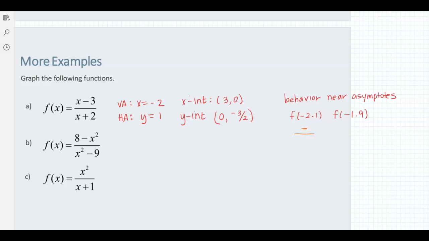And if I plug -2.1 in the denominator, I'm also going to get something that's negative. So overall, that asymptote is going towards positive infinity. When I plug -1.9 in, the numerator will still be a negative number, but the denominator will be a positive number. So that asymptote will be going towards negative infinity.